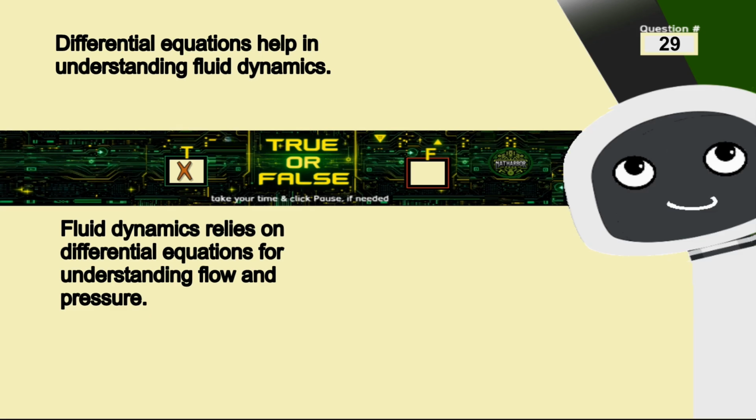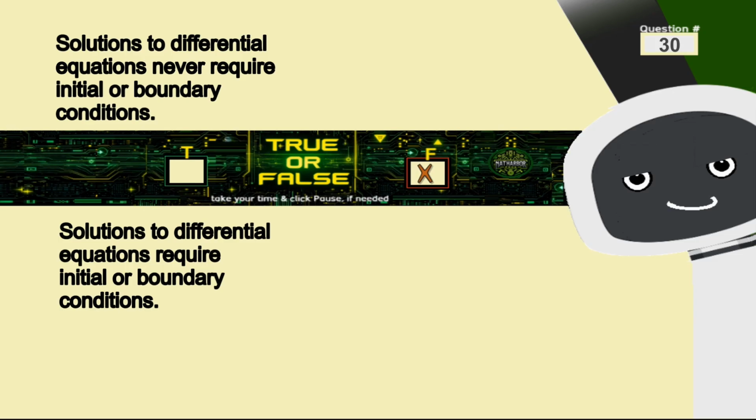That is true. Fluid dynamics relies on differential equations for understanding flow and pressure. True or false? Solutions to differential equations never require initial or boundary conditions. That is false. Solutions to differential equations require initial or boundary conditions.